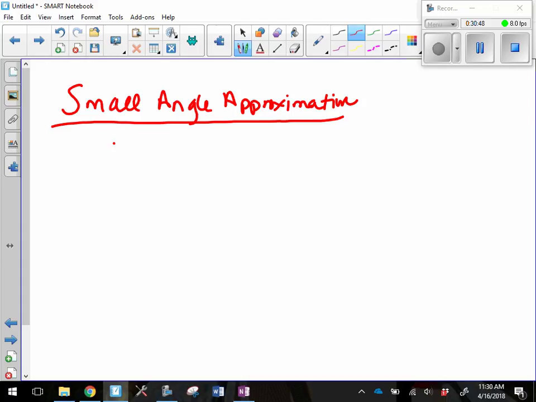And it's actually a function of linearization.